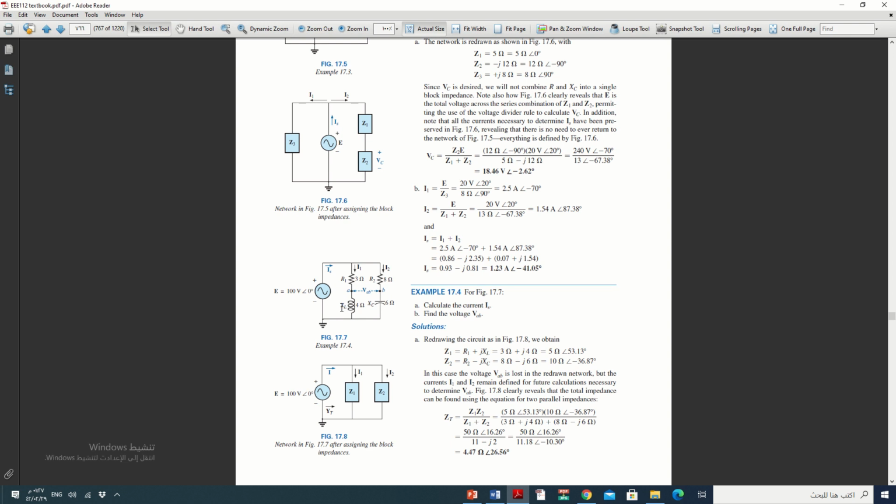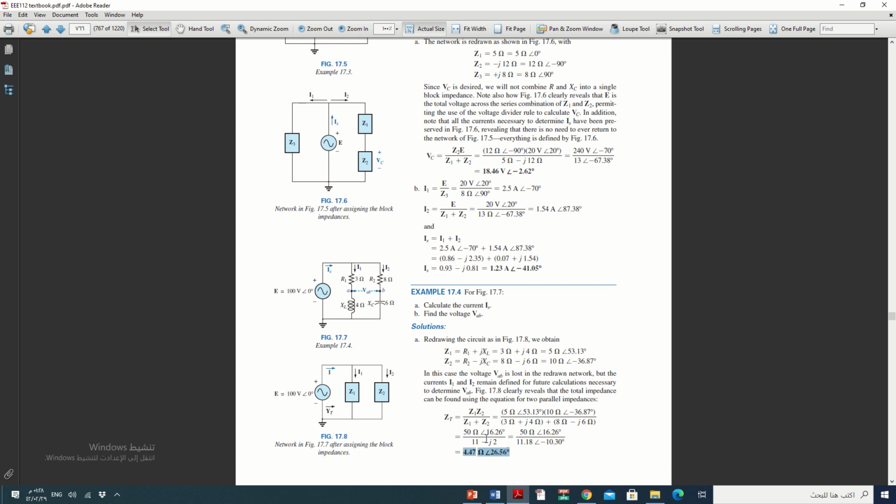ZR1 plus ZL will make Z1, and ZR2 plus ZC will be Z2, as mentioned. Now Z1 and Z2 are in parallel. You can use the direct formula: Z1 multiplied by Z2 divided by the summation. You will get this answer.